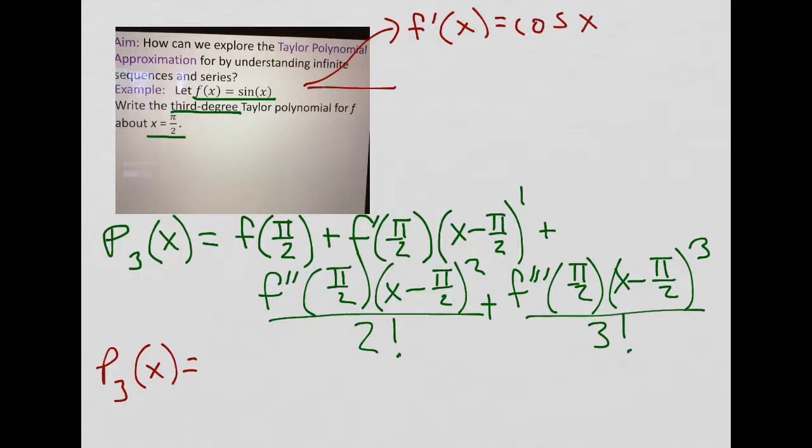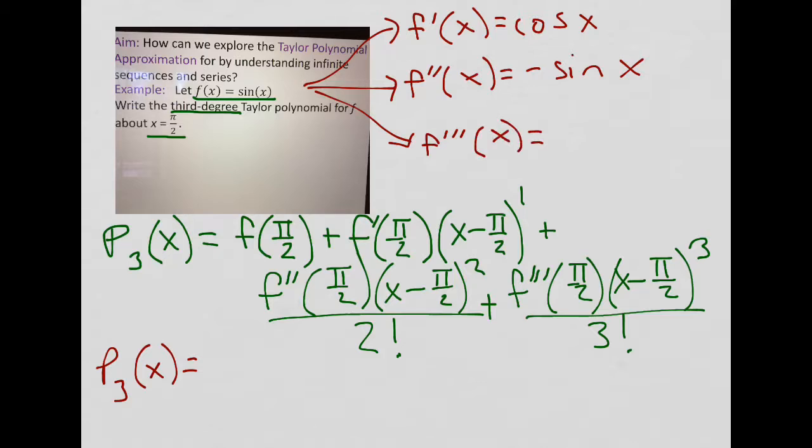We need to know f double prime of x. That would be negative sine of x. And we need to know f triple prime, or our third derivative of f, and that's going to be negative cosine of x.